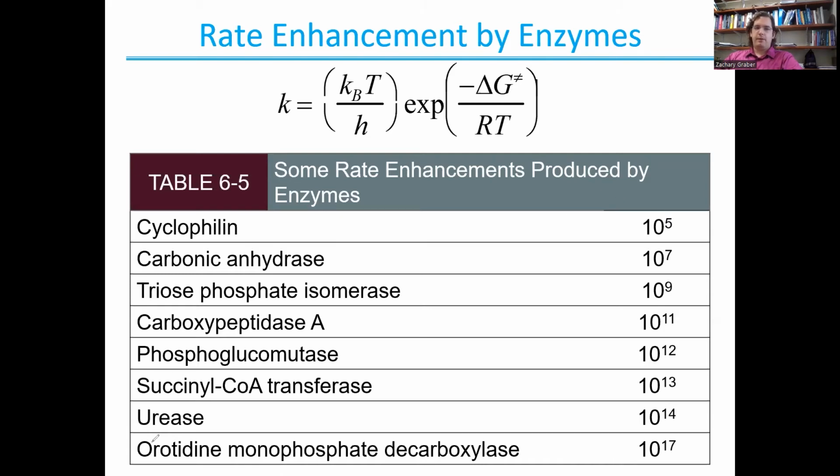So you can see in this table here, we have a list of some of the typical enzymes that we see in our cells. And you can see the reaction rates here in the presence of these enzymes are just astronomically large, right? They're all multiple orders of magnitude faster than what we would have in the absence of our enzymes. So they're extremely effective at making our reactions happen very quickly.